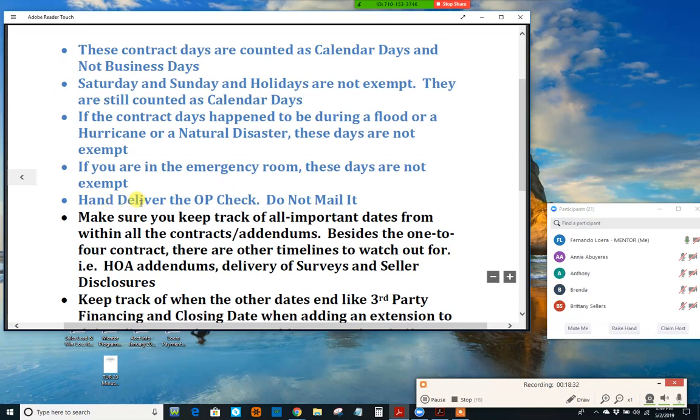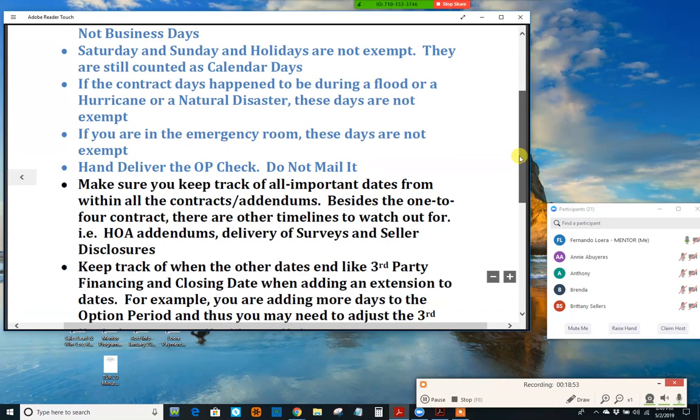We strongly suggest you hand deliver the option check. Do not mail it. People ask, how come we can't mail it? Well, what if it gets lost in the mail? You don't have an option period. It becomes invalid. Your buyers cannot terminate the contract.